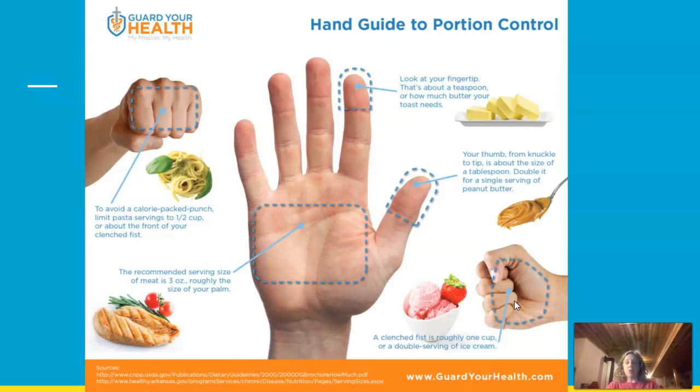So when you have a bowl of ice cream, are you having 1 cup of ice cream, which is 2 servings, or are you having more than that? Are you having a great big bowl that overflows at the top? Or when you go to Culver's, or when you go to Cone Zone, are you having 1 serving of ice cream? Is it the amount of your fist, or is it more than that?